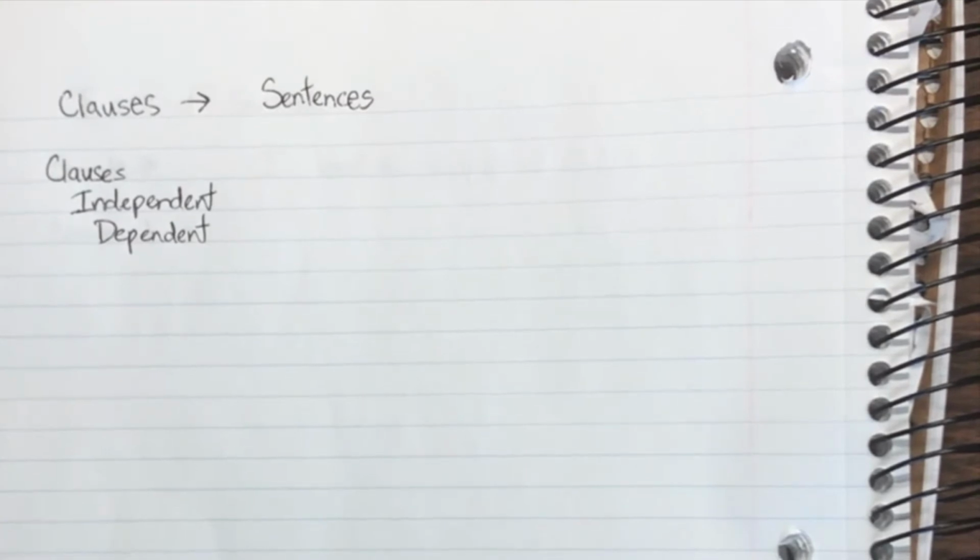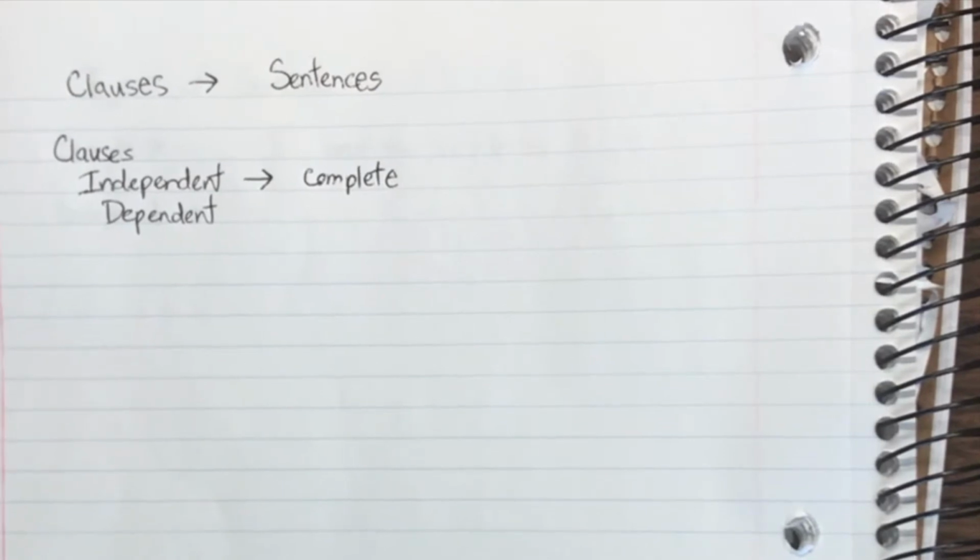Independent, just like it sounds, is independent. It acts by itself. An independent clause is a complete sentence by itself. So if I say, the dog is big, that's an independent sentence. That's an independent clause. Any complete sentence is an independent clause.